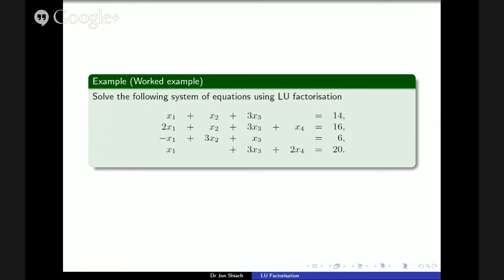If you were in an exam and you happen to be set this type of question, you could use MATLAB to help you. You could do the forward and back substitution in MATLAB if you want.